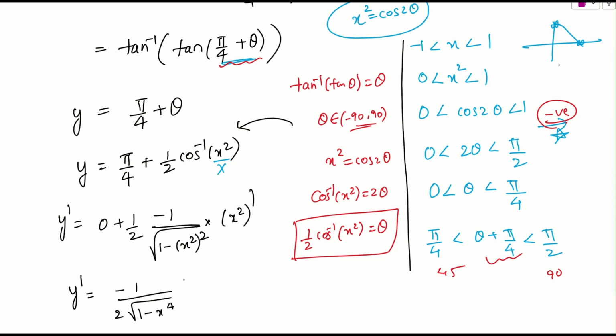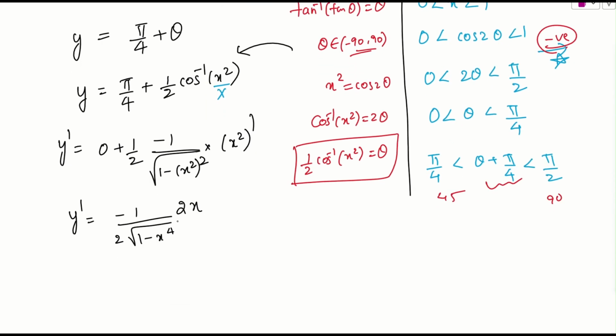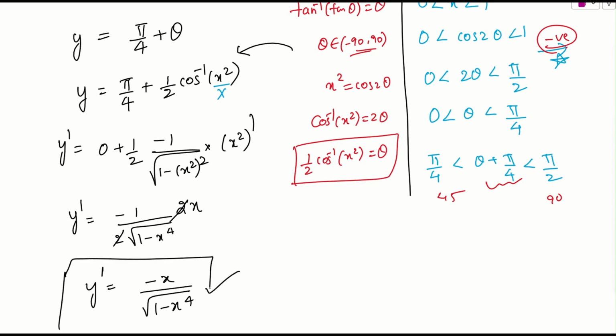The derivative of x square will be what? 2x. We can cancel 2 here. From this, finally I'll be getting y dash will be minus x by root of 1 minus x power 4. Is it okay? This is the final answer for finding the derivative of this function.